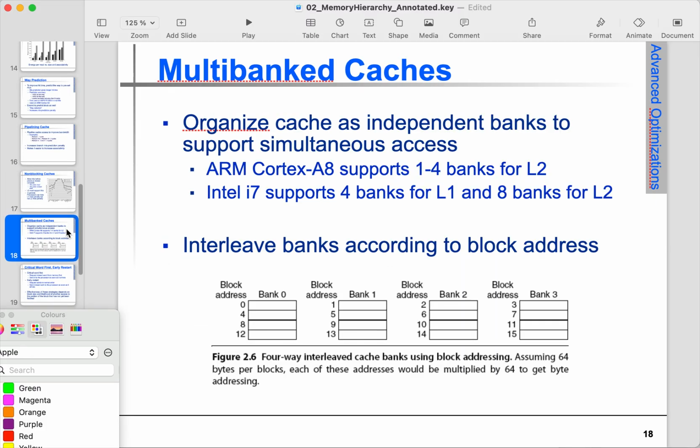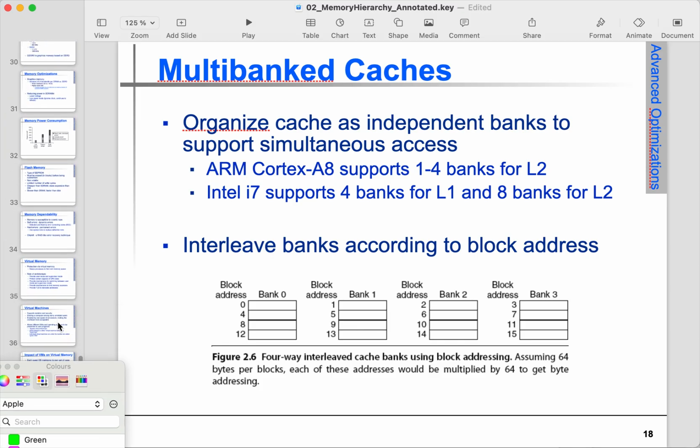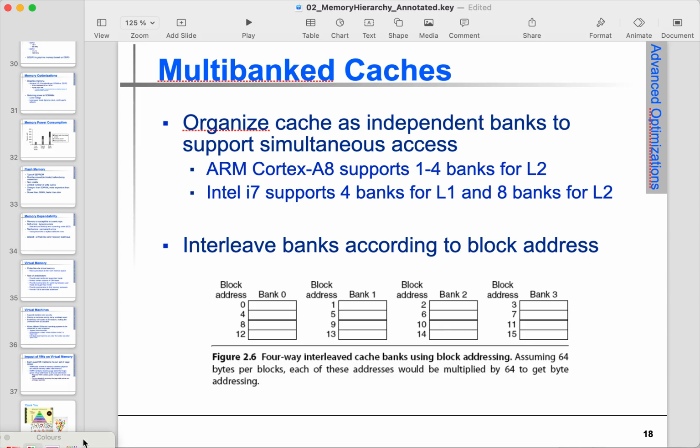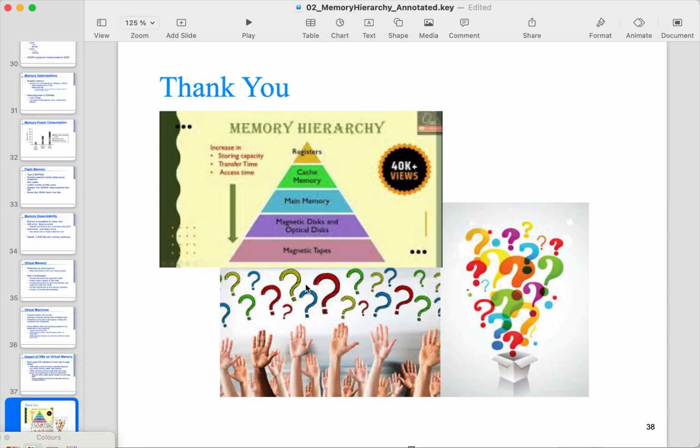Okay, so that is all that we have today for the computer architecture and memory hierarchies. Once again we have seen that the memory organization goes in the form of a pyramid.